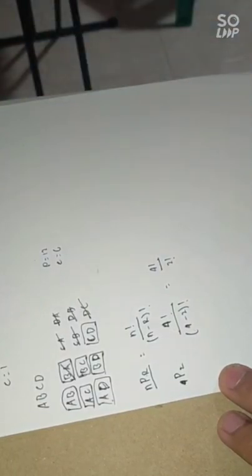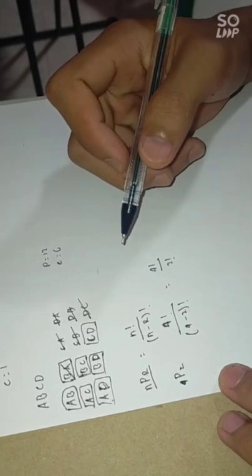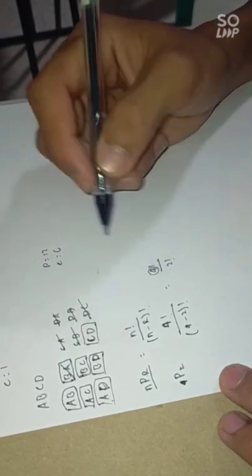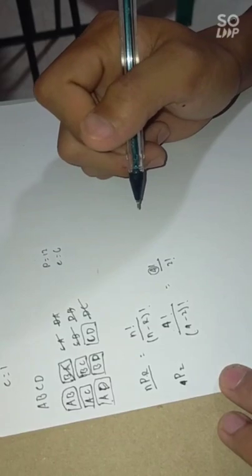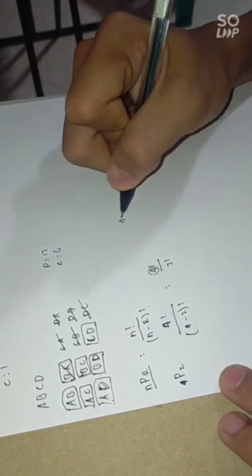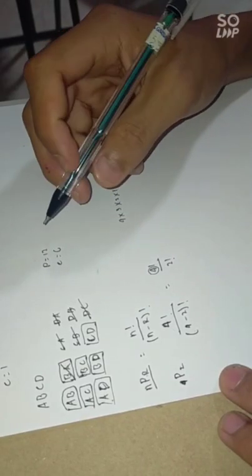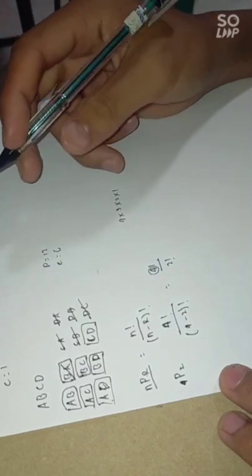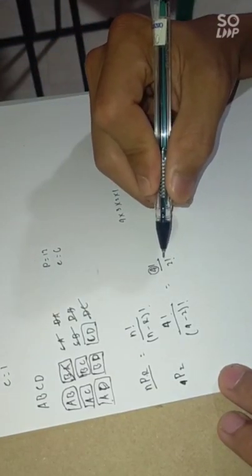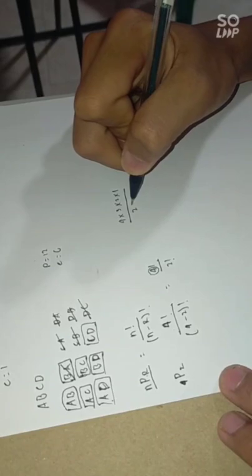So what exactly is 4 factorial? 4 factorial is, you start from this number and you multiply every integer all the way to 1, like 4 times 3 times 2 times 1. 2 factorial is simply 2 times 1.